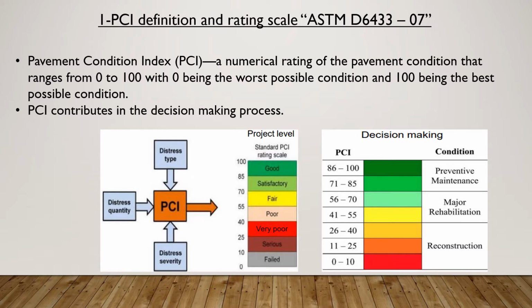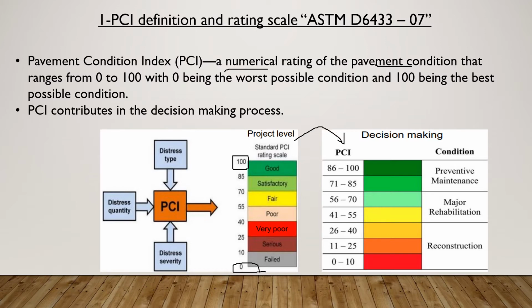As we said previously, pavement condition index is a numerical scale of the pavement condition that ranges from 0, which means that the pavement has failed, to 100, which means the pavement is in its perfect condition just after construction. And the PCI contributes in the decision-making process.